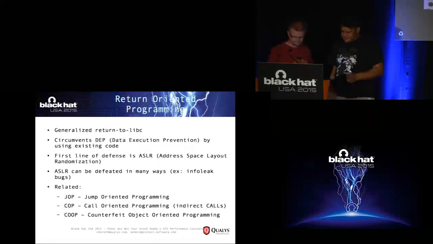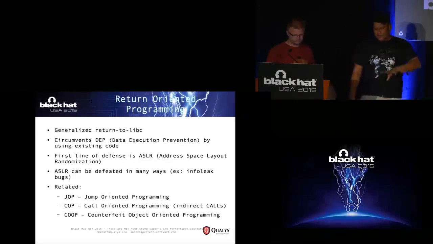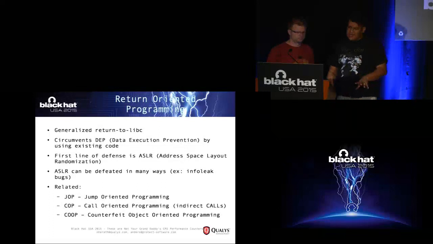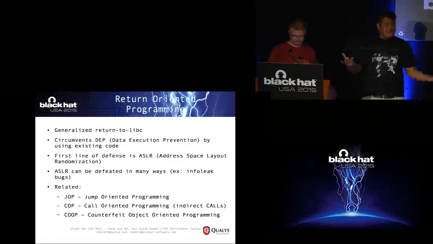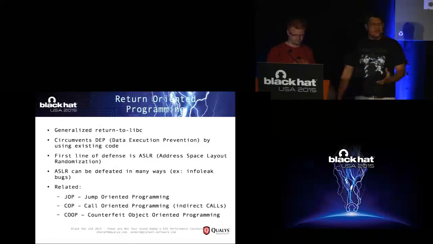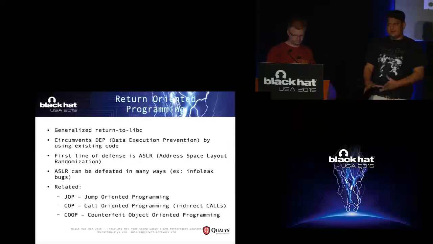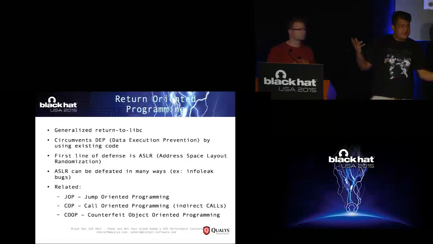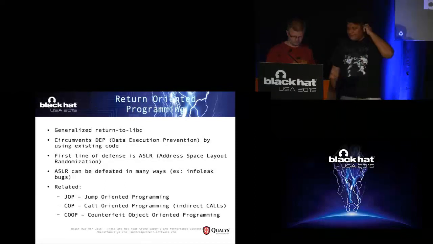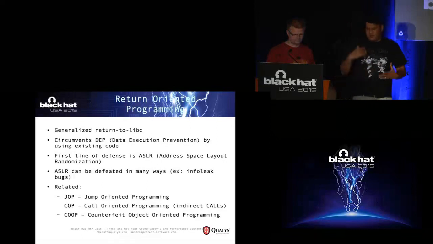The thing with ASLR is that it can be defeated in many ways under the right circumstances, and info leaks can be quite handy for this. It raises the bar, but it doesn't solve the problem entirely. And with ROP, there are other schemes like jump-oriented programming and call-oriented programming.